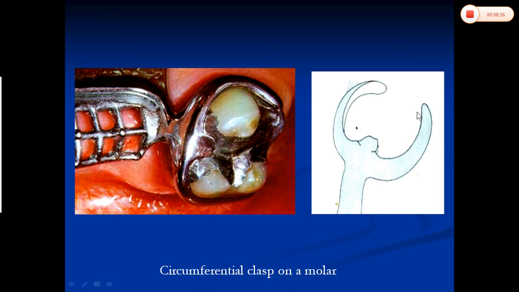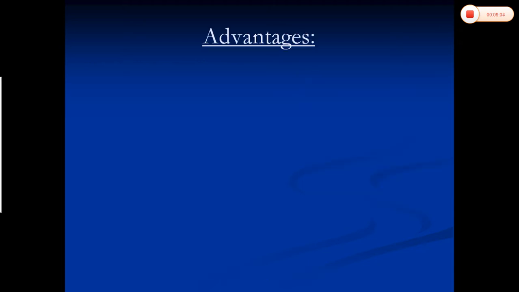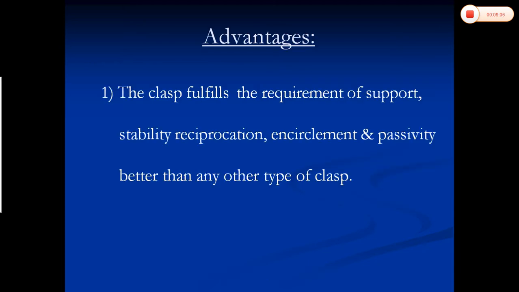Also, when this clasp is in position and the patient chews food, food will get lodged here, so it increases the food table also. And metal is in constant contact with the tooth structure. So the patient will face problems with cleaning and hygiene maintenance, which leads to decalcification of the tooth. These are the disadvantages.